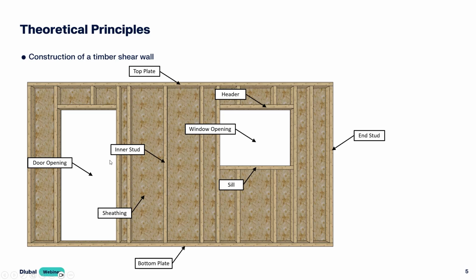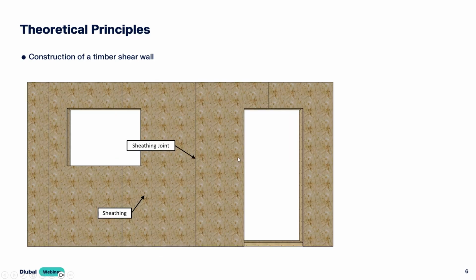We have openings, door or window openings. And especially the sheathing. Here we talk about the sheathing joints, which are essential for the design. So we cannot consider this as one sheathing. We of course consider multiple sheathings.